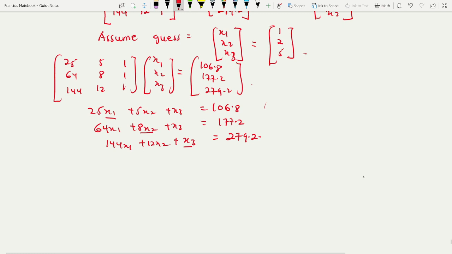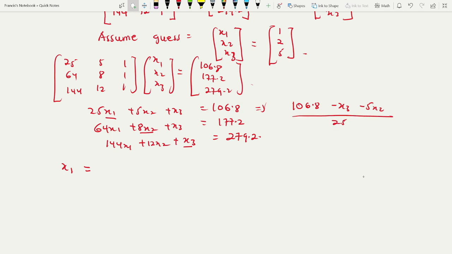So making x1 the subject, x1 will be equal to what? From this equation, we are going to have 106.8 minus x3 minus 5x2, right? All divided by 25, and that will be equal to x1. So my x1 is simply 1 out of 25 multiplying the expression 106.8 minus x3 minus 5x2.